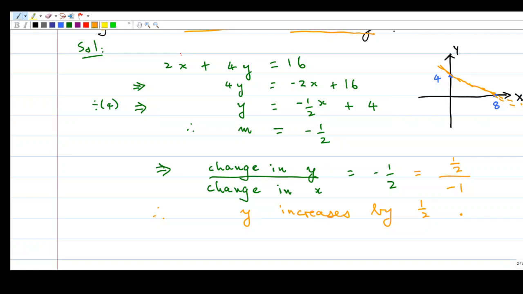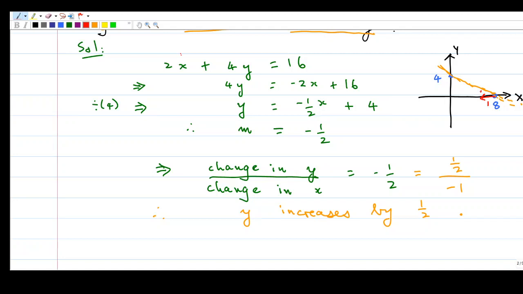So when x decreases by -1, let's say from 8, from the x-intercept, when x decreases by -1, so you come 1 unit to the left, right?